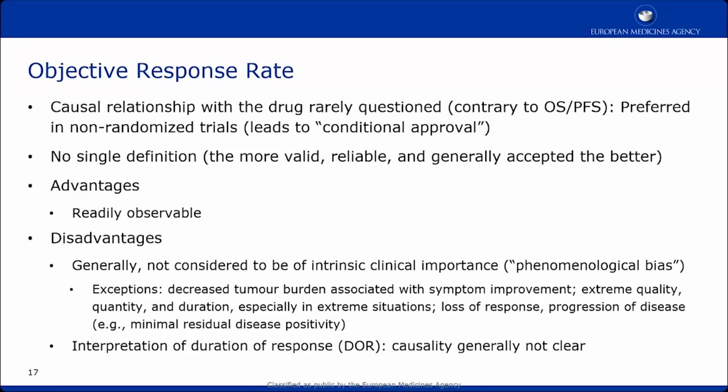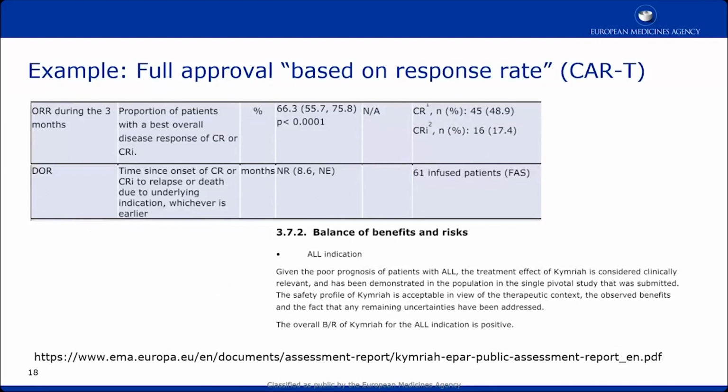Interestingly, and often less noted, duration of response, which is always taken combined with response rate to assess whether that response is meaningful or not, is as affected by these other, non-causally related factors as progression-free survival and overall survival. So despite the fact that we will always look at the two together, duration of response is a bit more difficult to interpret.